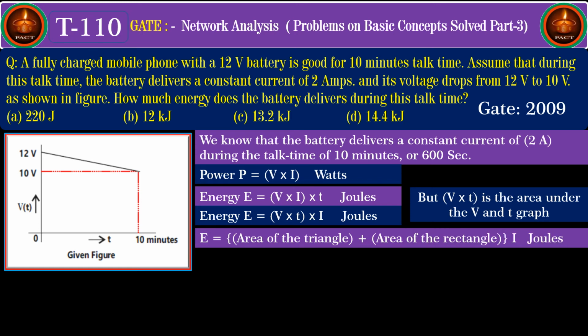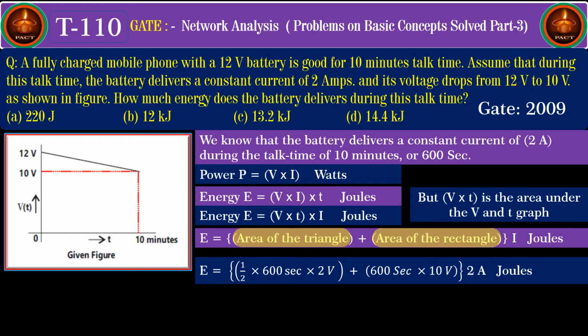Now, what is energy E? Energy E is the area of the triangle plus area of the rectangle into I joules. That is simple. And we know how to find the area of the triangle and area of the rectangle.